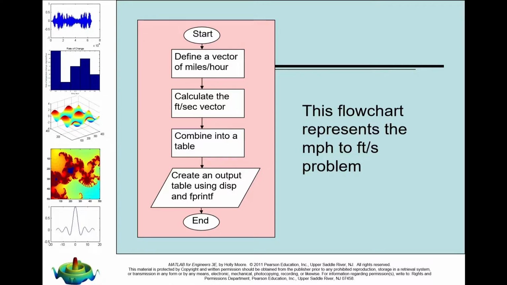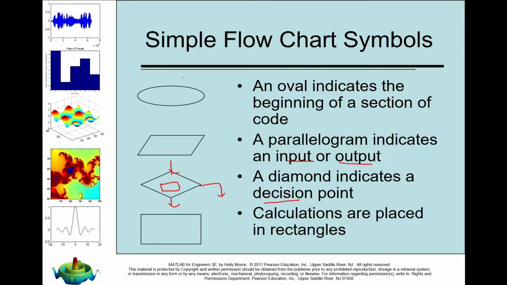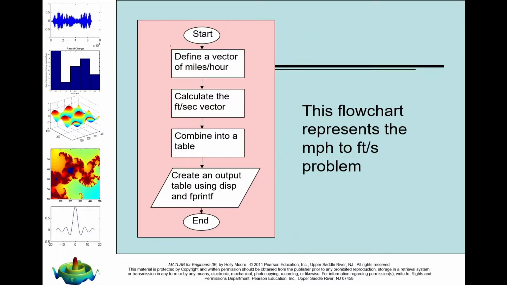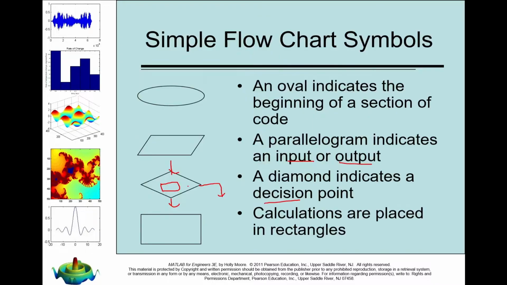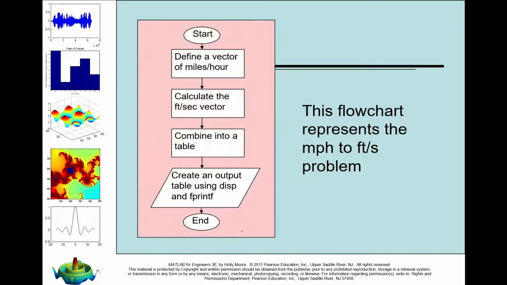So the outline from earlier, we arrange it in flowchart symbols. The oval here indicates the start and end of a code section. And then this rectangle holds all the steps, calculations: define a vector, calculate, and then combine into a table. And then this parallelogram often indicates inputs and outputs.